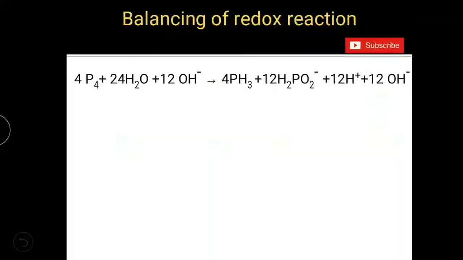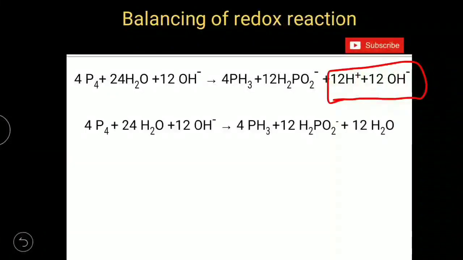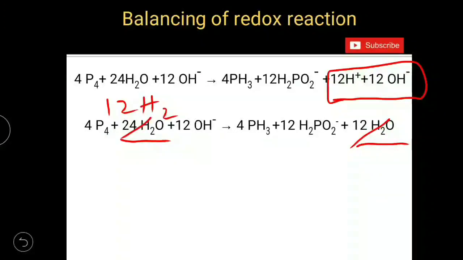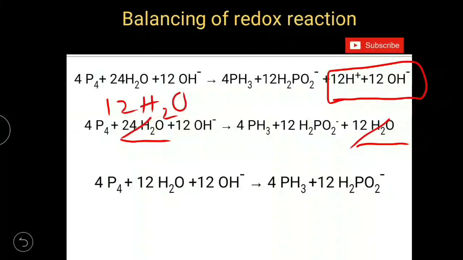And as we have 12H+ and 12OH-, when we add them, it becomes 12H2O. We have left hand side 24H2O, right hand side 12H2O. So you can cancel them. So on the left hand side you will get 12H2O. So this is a balanced equation now.